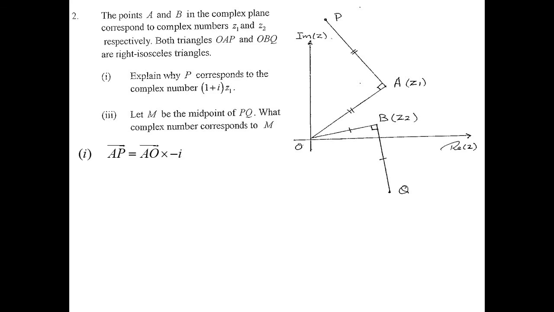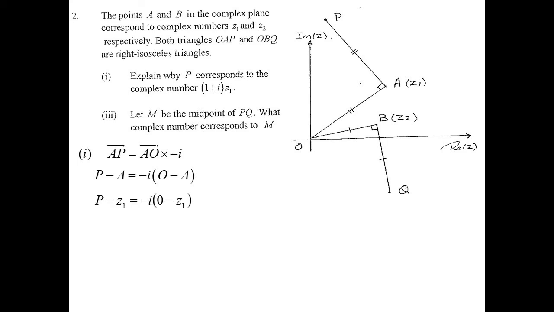Well, the vector AP would be the vector AO rotated 90 degrees, but this time I'm going clockwise instead of anti-clockwise. So that would be the cis of minus 90, which is negative i. So P minus A is minus i times O minus A.